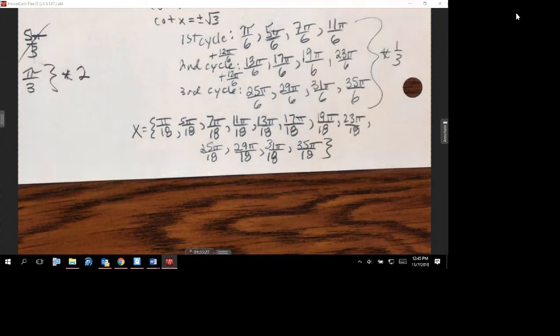Unfortunately, you have to be able to do this without the aid of a computer doing it for you. But if I could save you some time writing, I'm all about that. So if you'd like to not write all of that twice, if you'd like to change all your 6s to 18s, I'm okay with that.